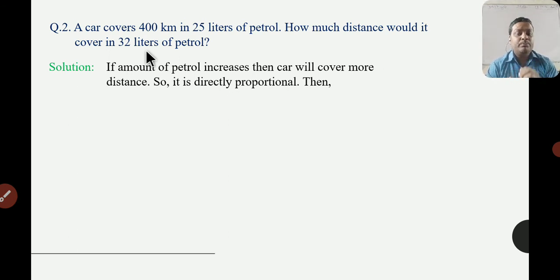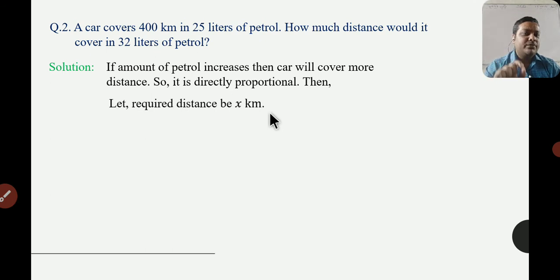If we fill more petrol, in that case we will cover more distance. Simple it is. Okay. So yes, it increases and it will also increase. So both increasing, same. It means it will be directly proportional.